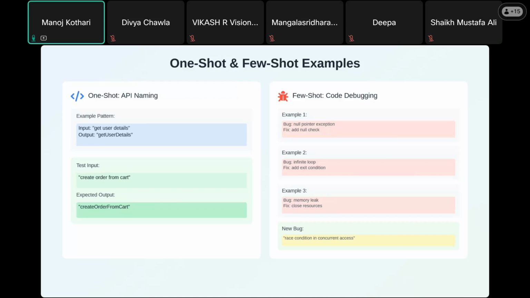So few shot prompting has merits and demerits. Why? Because when you are giving multiple shots or multiple examples to it, those examples should be related. And if they are not related, you have to make sure that you are writing one more example to relate them.